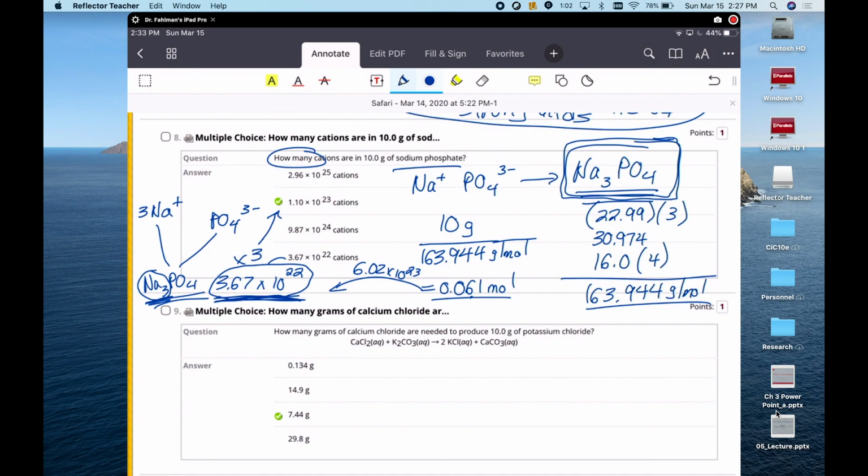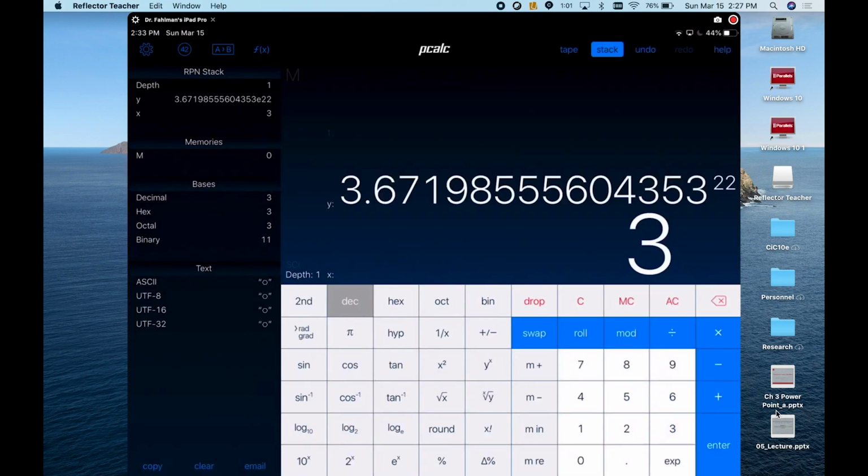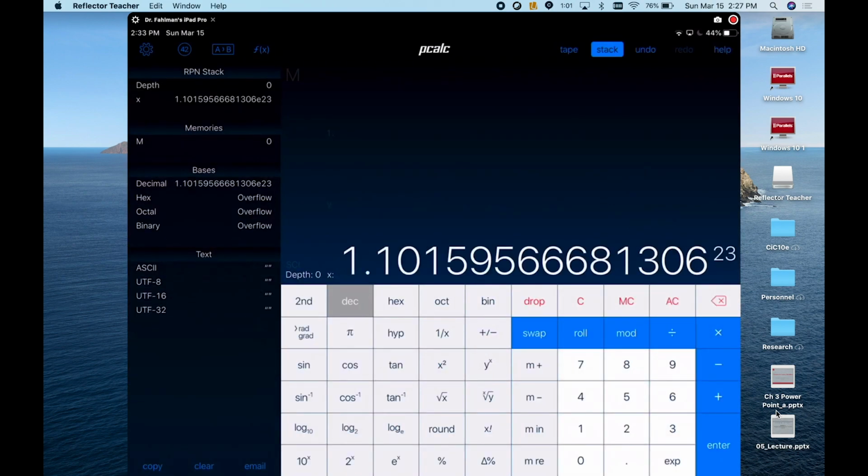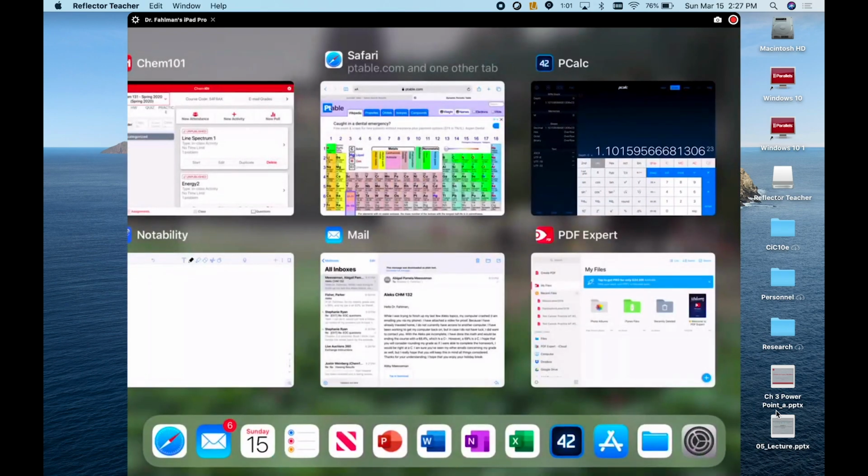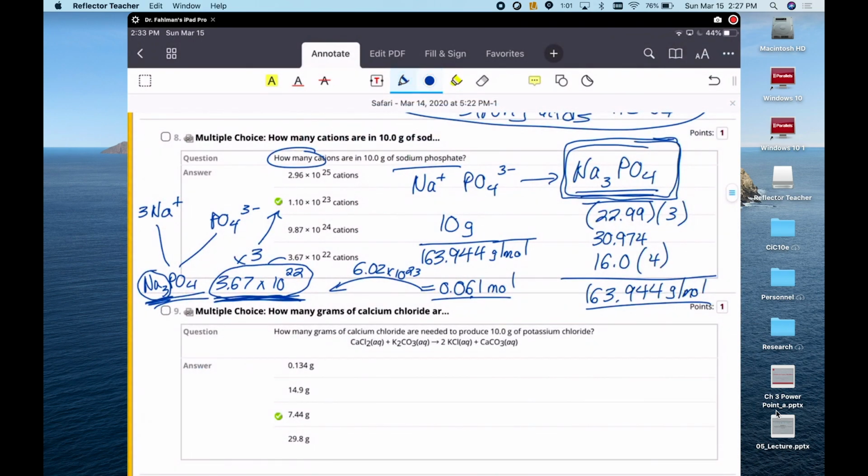So 3.67 times 10 to the 22, times 3, is 1.1 times 10 to the 23rd. You have 3 times the number of sodium cations than you do the whole compound.